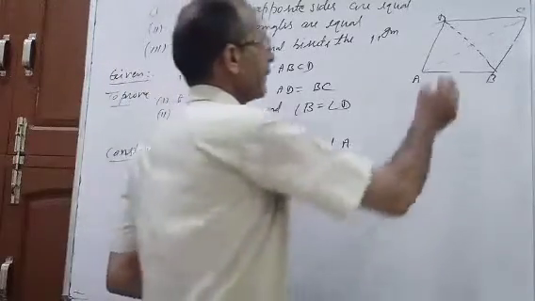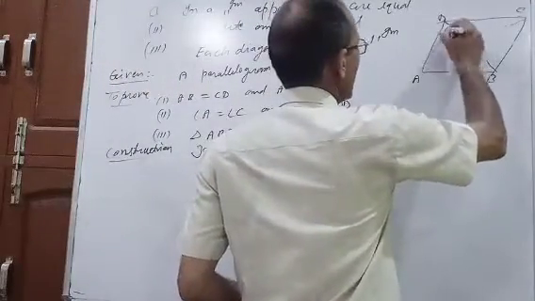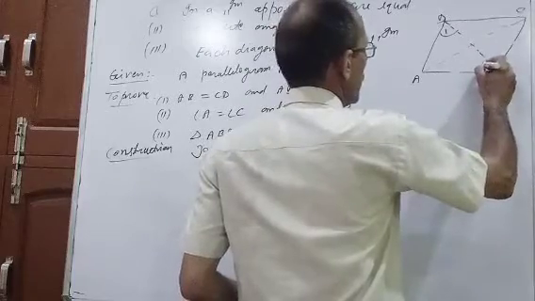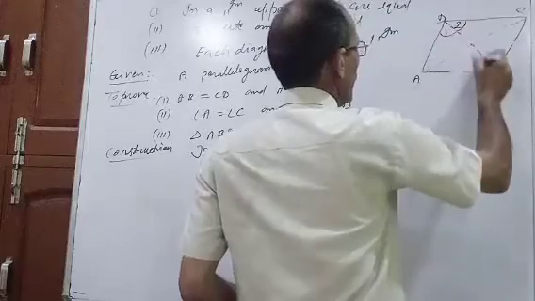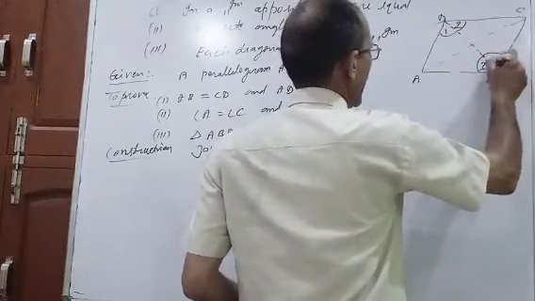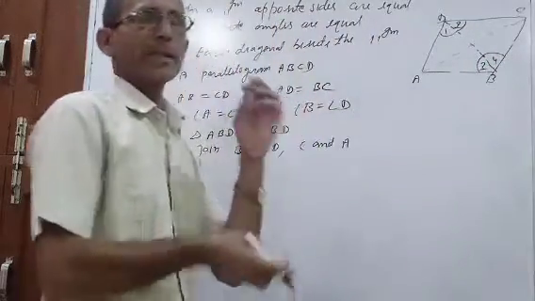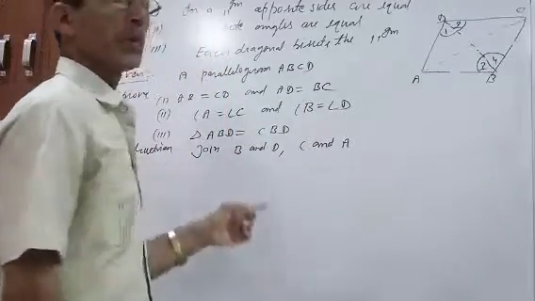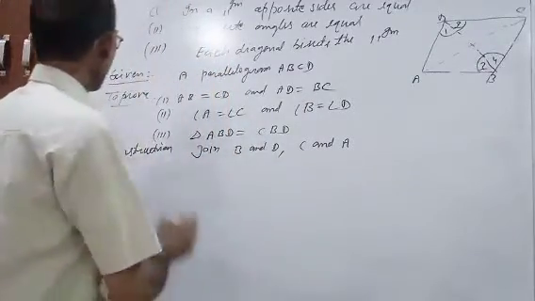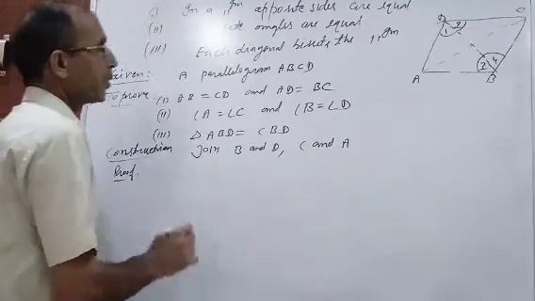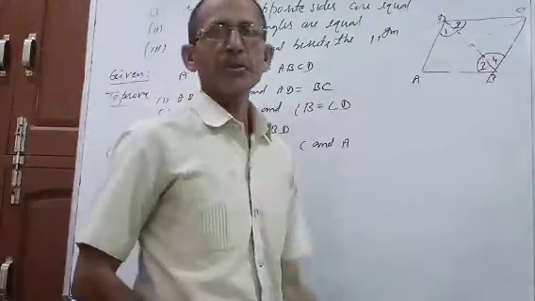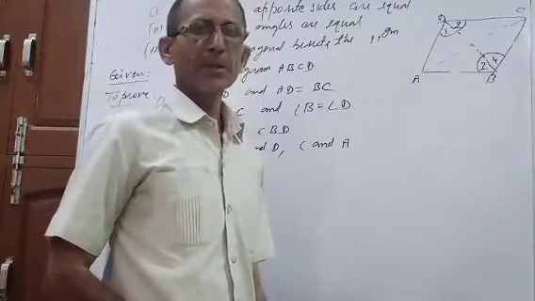You can give names. This is angle 1, this is angle 2, angle 3 and angle 4. Give these names. Now what we have to prove? First, we have to prove AB is equal to CD.